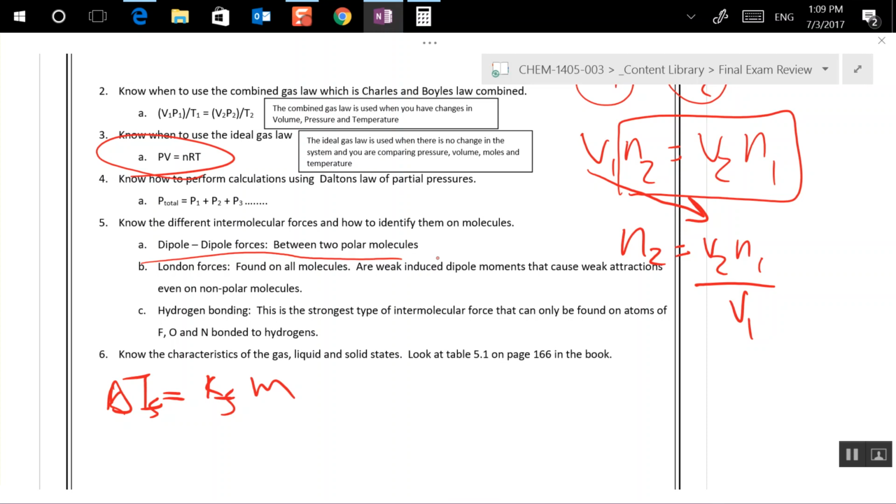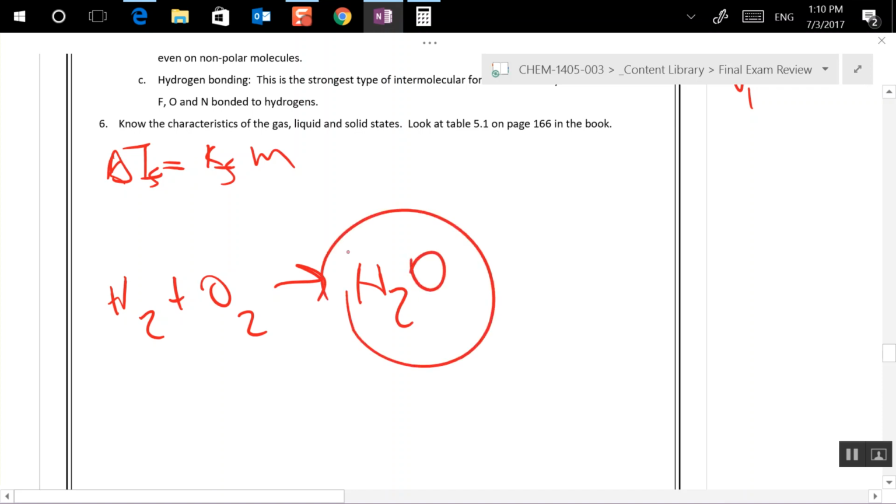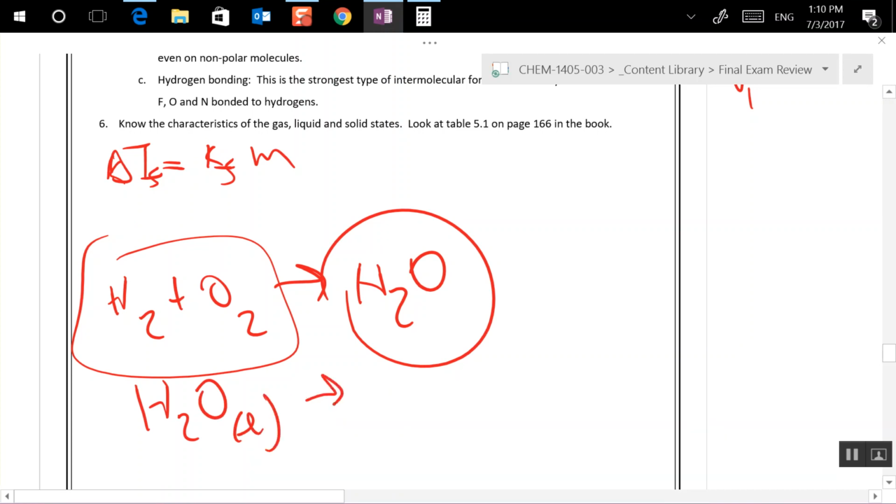Chemical and physical change? Okay, so a chemical change would always result in a new substance. So H2 plus O2 producing H2O. This is new. If I just look at this side, I have H2 and O2. I don't have water over there. Because I produce something new, that's a chemical change. But H2O liquid going to H2O gas, that's a physical change. Why?